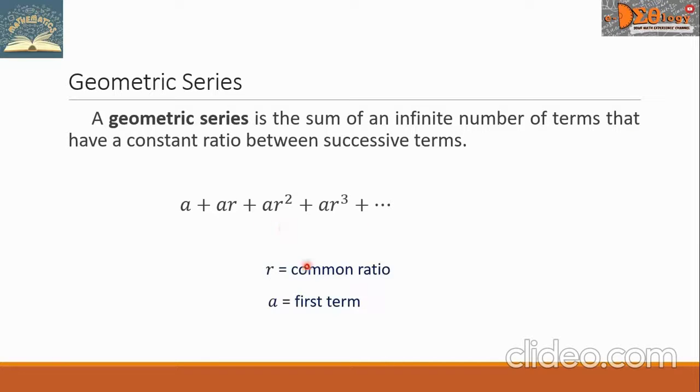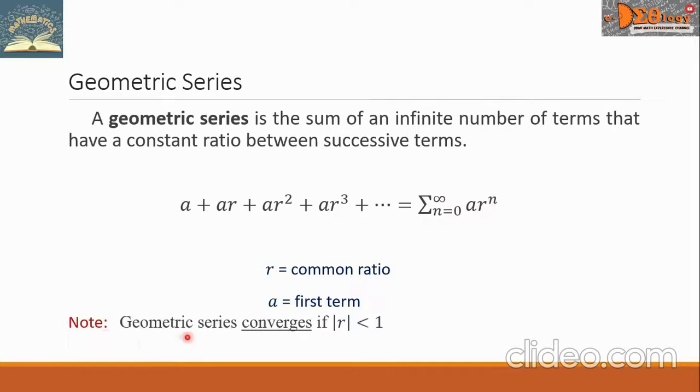The r here is the common ratio, and a is the first term. In sigma notation, we write summation from n equals 0 up to infinity of a multiplied by r raised to n.